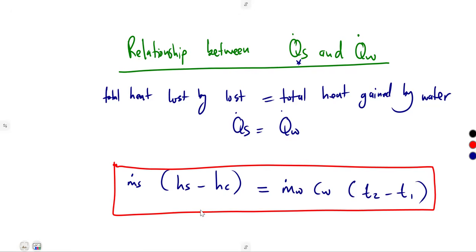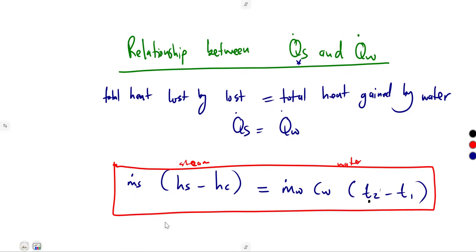So this will be our relationship, guys, for the steam related to the water. This formula can be used to find anything. They can give you the mass of water and ask you to find the mass of steam. We do not know. They can give us this one and ask us to find this. They can give us everything but not T2 and ask you to find T2 or to find T1. So I cannot say this is the formula that we are going to use to calculate this.